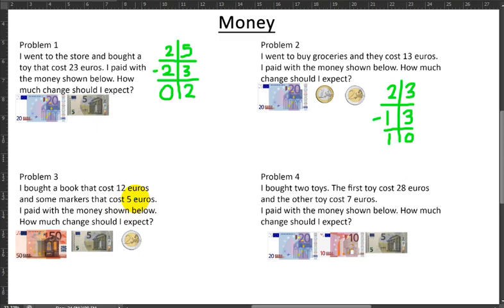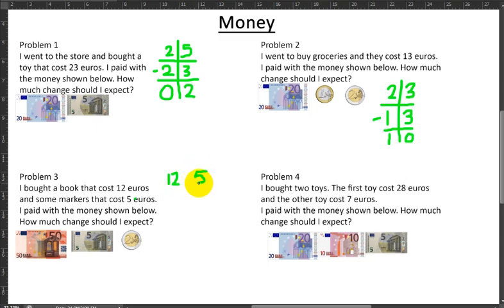First, I need to find out how much the things that I bought cost together. I need to find how much the book and the markers cost together. The book cost 12 and the markers cost 5.